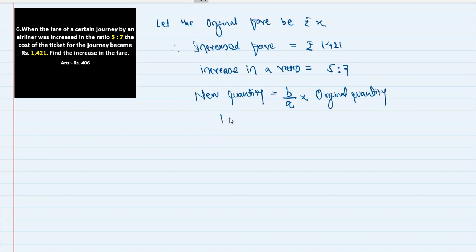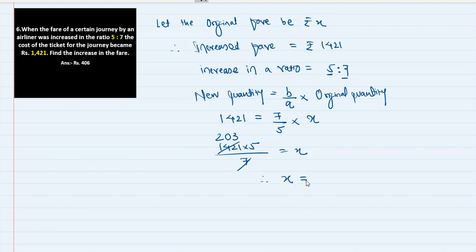New quantity is 1421. What is B by A? See, this is A, this is B. B by A is 7 by 5 multiplied by original fare, that is X. So 1421 multiplied by 5 upon 7 is equal to X. 7 threes are 21, it's 203.